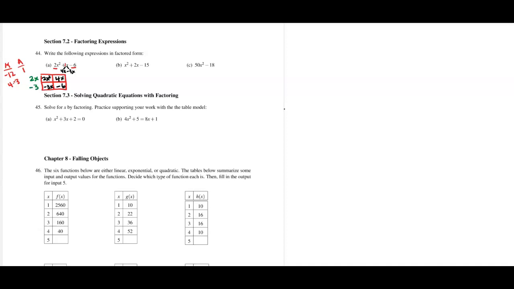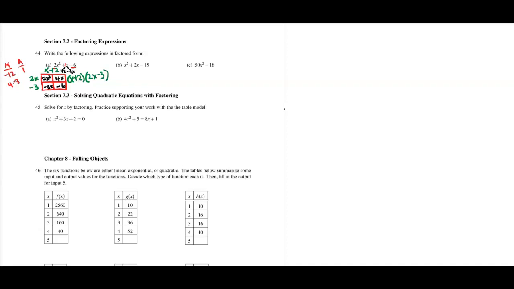Then in our first column, we've got an x that's in common with both of those. And on our second column, looks like 2 can come out of both of those. So when we write down our answer, I'll just put it in green here: x plus 2 in one parenthesis, and then 2x minus 3 in the other parenthesis, okay?